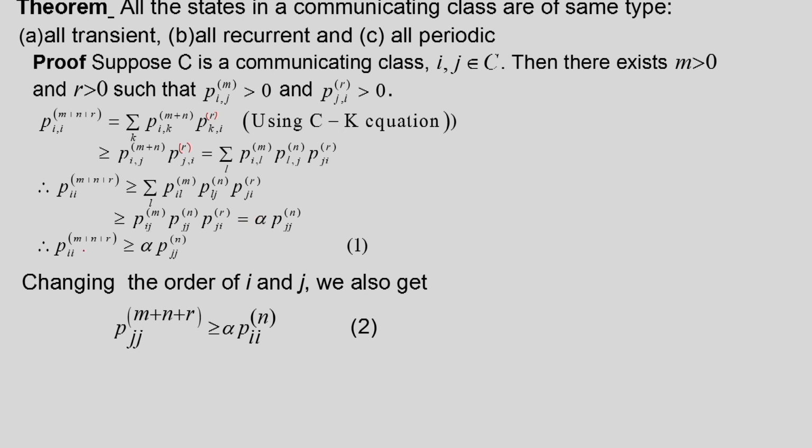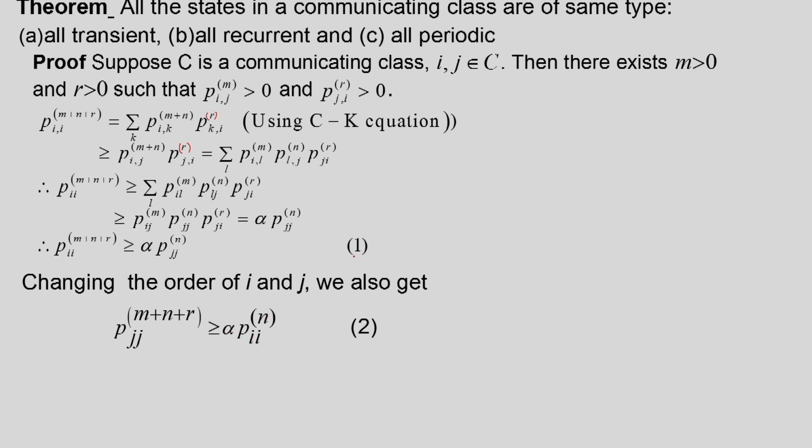So what we got is that P_ii^(m+n+r) is always greater than or equal to alpha times P_jj^n. We started with state i, but if we consider state j, then also we can show that P_jj^(m+n+r) is greater than or equal to alpha times P_ii^n.